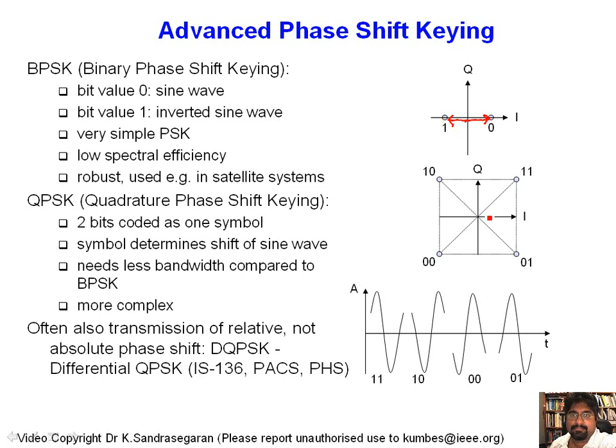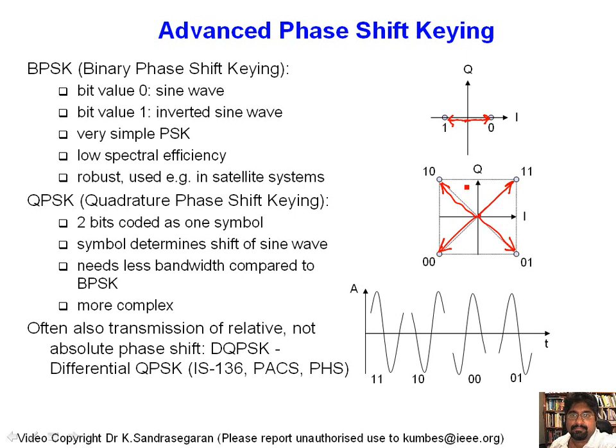You can go further and say in QPSK, or quadrature phase shift keying, you are transmitting one of 4 phases. So that's one phase there, a second phase there, a third phase there, and a fourth phase there. Okay, so these phases are 90 degrees apart. So think of 4 sinusoidal signals that are 90 degrees in phase apart.